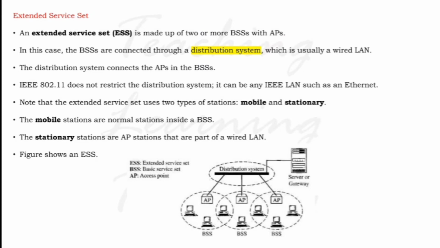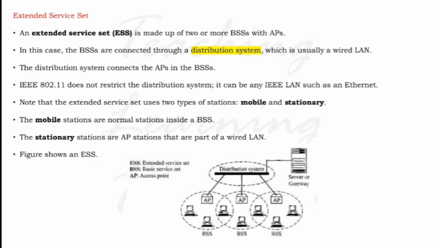Note that the extended service set uses two types of stations, mobile and stationary. The mobile stations are normal stations inside a BSS, and the stationary stations are access point stations that are part of a wired LAN. The figure shows the ESS system. There is a distribution system connected to the access points, and each BSS has an access point, and one of the stations is connected to another BSS also.